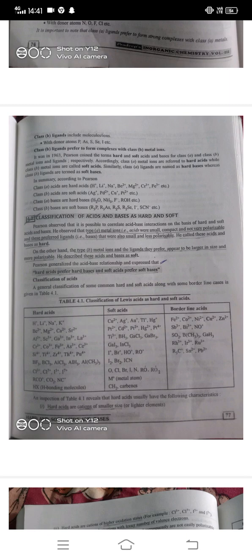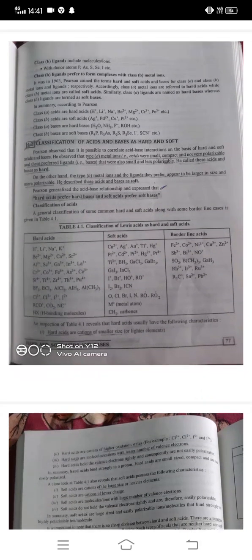Next topic is classification of acids and bases as hard and soft. Pearson observed that it is possible to correlate acid and base interaction on the basis of hard and soft acids and bases. He observed that type A metal ions, i.e., acids, were small, compact, non-polarizable, and these preferred ligands, i.e., bases, that were also small and less polarizable.